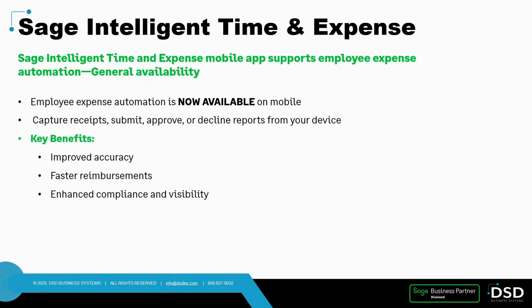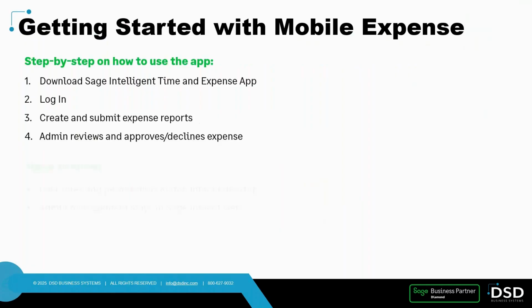And what this would do is give you faster reimbursements, improve accuracy, and enhance compliance and visibility, as well as just give you more flexibility of how you can easily assess those reports.